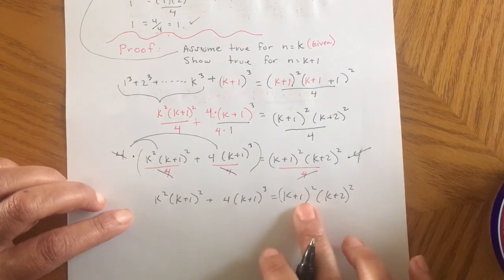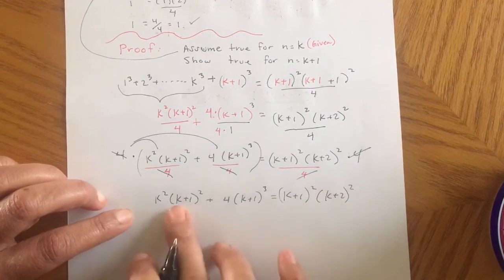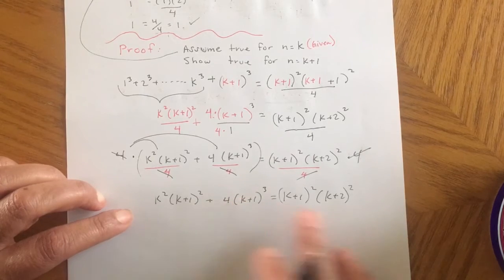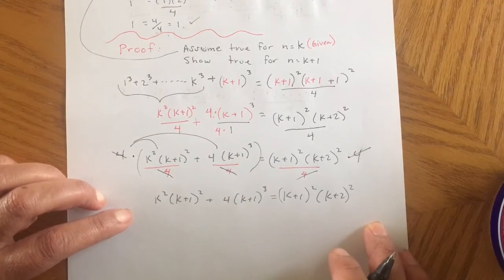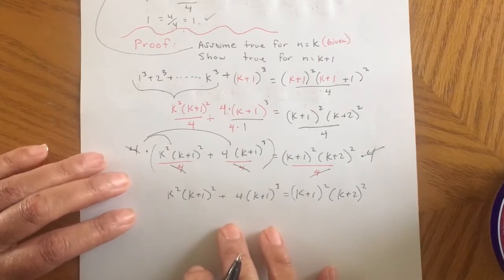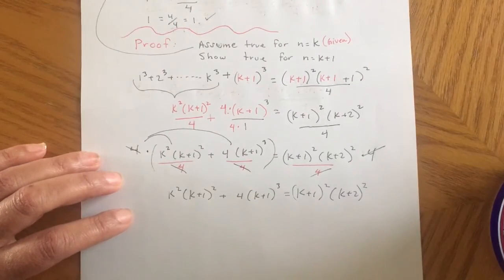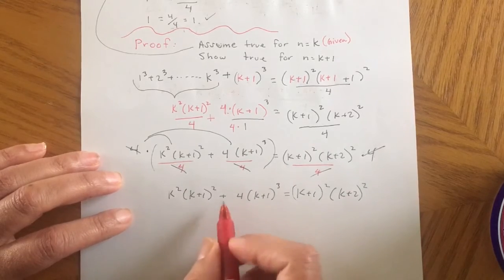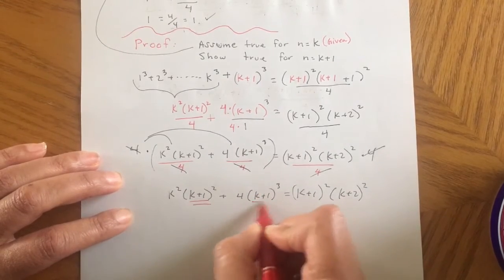We could multiply this whole thing out and multiply this whole thing out, and they're going to be the same. But that's a lot of work to FOIL it out. So I think it would be easier to factor it. So I'm going to factor out the common term. So both of these have something that's the same.